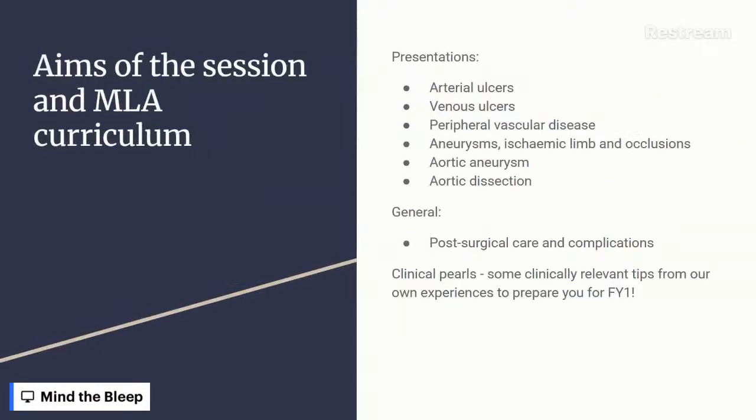So again, we'll go through the aim. We've been through arterial ulcers, venous ulcers, and peripheral vascular disease in the previous session. Anyone who's just joined or is watching the recording, feel free to go back and look at those, because what we'll be focusing on in this session is aneurysms, the acute ischemic limb, specifically aortic aneurysm and AAA, and then the post-surgical care and complications.